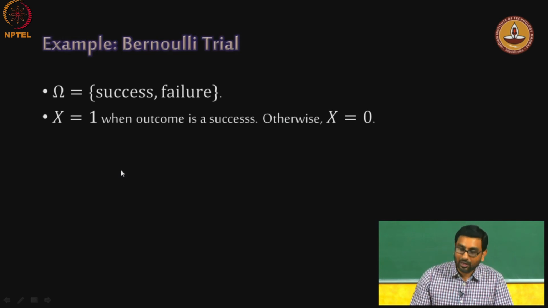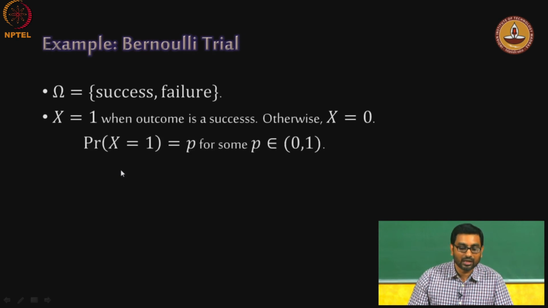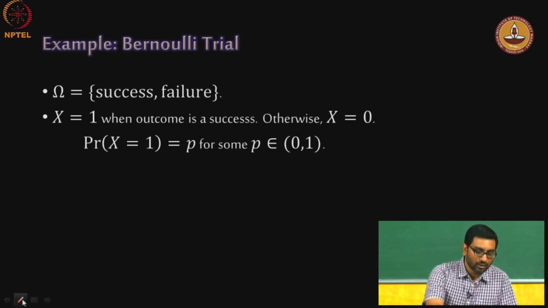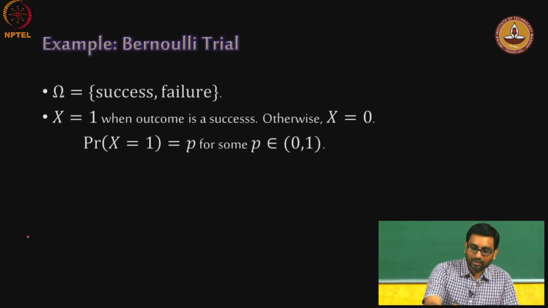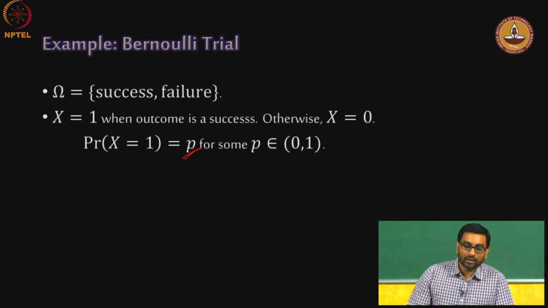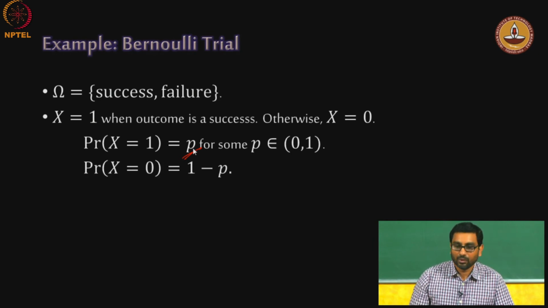So, now you can again ask what is the expectation of x. A typical thing would be to generalize: people often think of Bernoulli trials as fair coin tosses, but more generally the success can happen with some probability p, and failure will occur with probability 1 minus p.